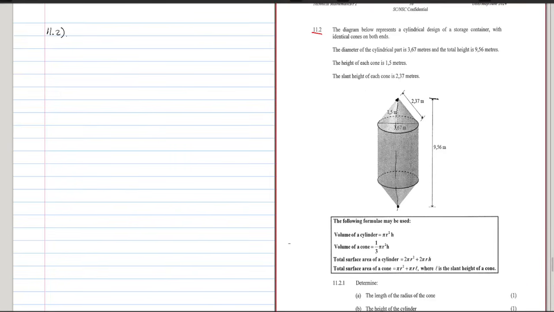The height of each cone is 1.5, so it also means that the height of the cone at the bottom is also 1.5. If I were to take 9.65, subtract the 1.5 and subtract another 1.5, I'm getting 6.65, which is the length from here all the way to the bottom right there.